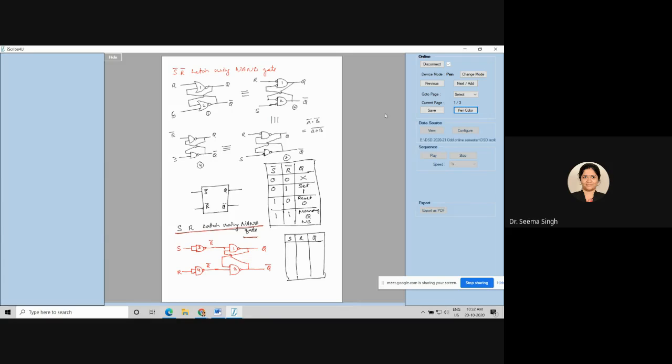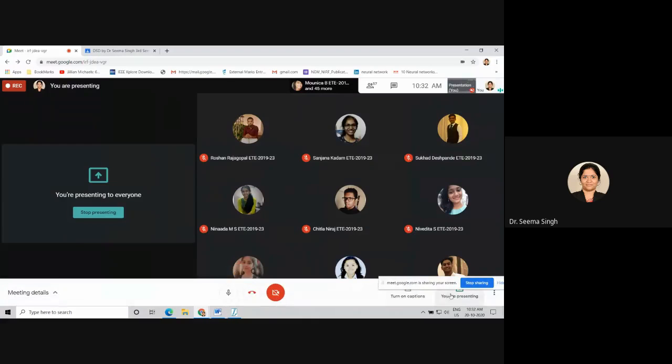Okay, time is up. You analyze it. We will continue with this in the next class. SR latch using NAND gate we will see in the next class.